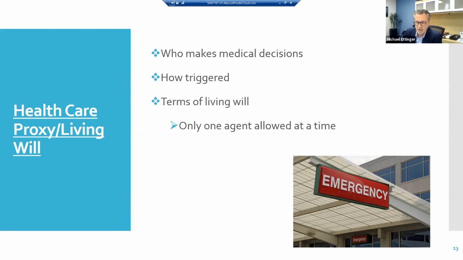You can sign a DNR, do not resuscitate. The agent can on your behalf. In New York, you can only pick one agent at a time. So you have a primary and a backup. The reason for that is if you pick two agents and they don't agree, the doctor wouldn't know what to do. So they can all discuss it amongst themselves, but the doctor is only going to listen to the agent named in the document.